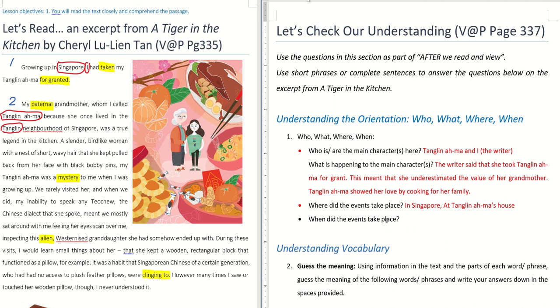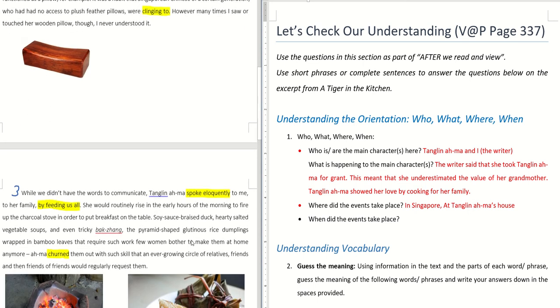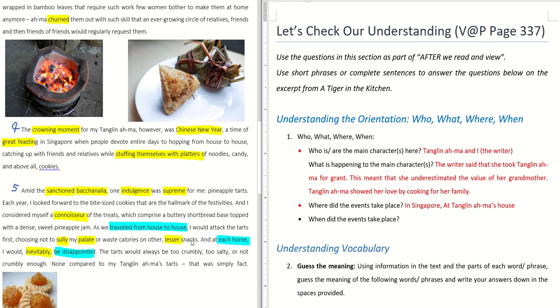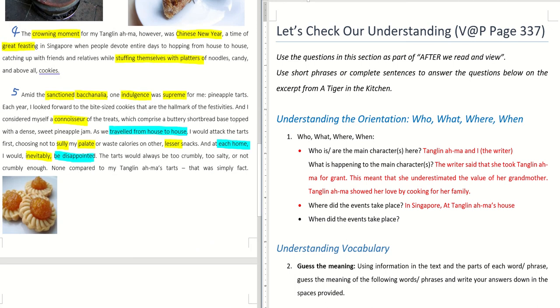When did the events take place? You can see that here. It took place during Chinese New Year.